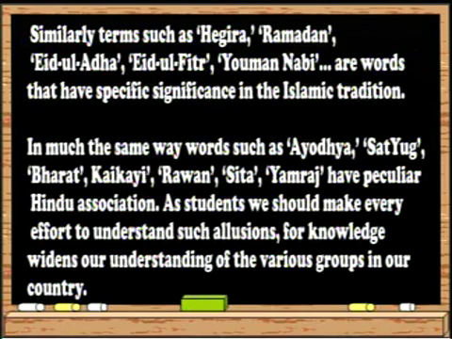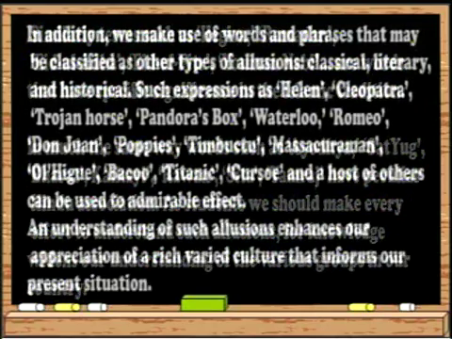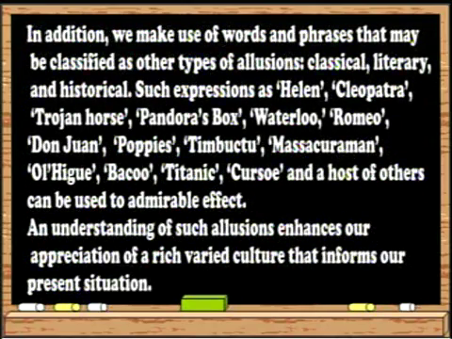As students, we should make every effort to understand such allusions, for knowledge widens our understanding of the various groups in our country. In addition, we make use of words and phrases that may be classified as other types of allusions: classical, literary, and historical.